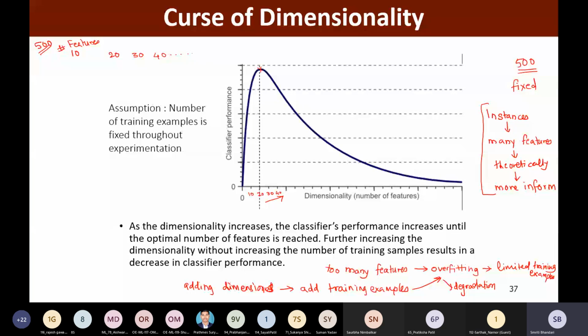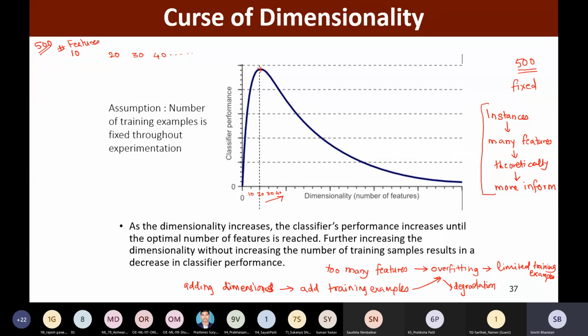Please once again understand the problem. If we are adding features, it may result in overfitting if we have limited training examples. If we want to add dimensionality, then in that proportion we should increase the training data as well to keep the performance intact.